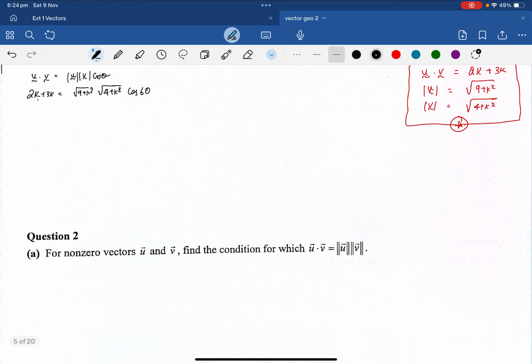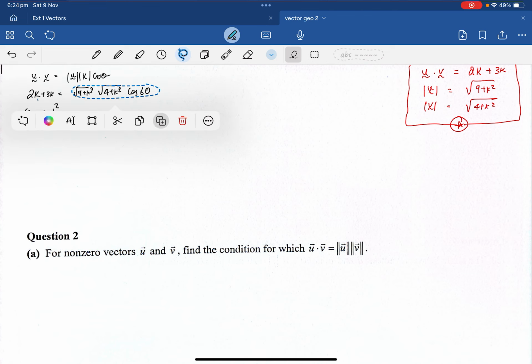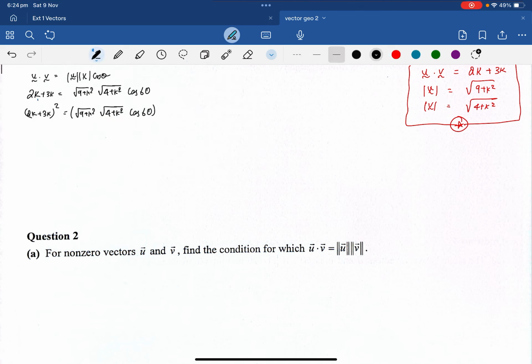Easy. Now just square both sides. Now this is expand. 4k squared. Let's cos 60.